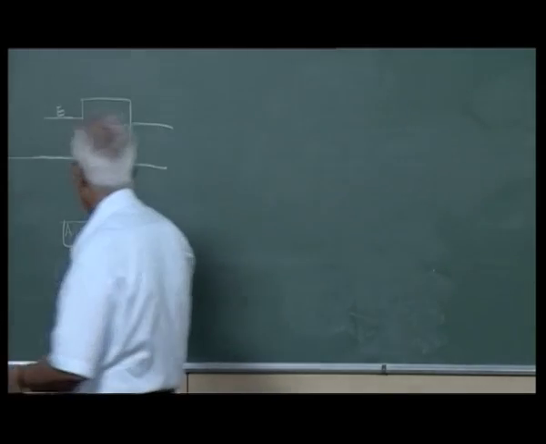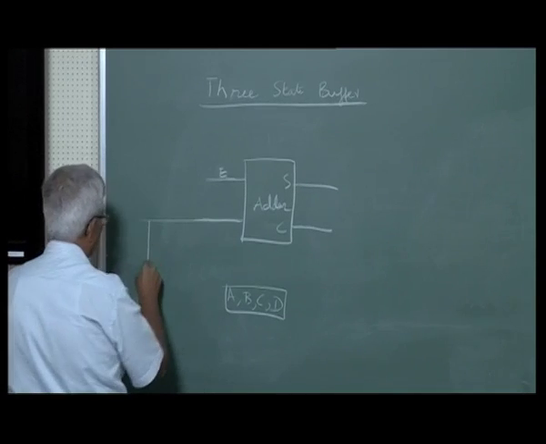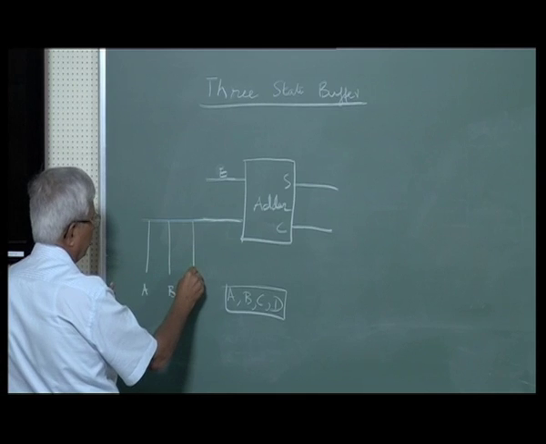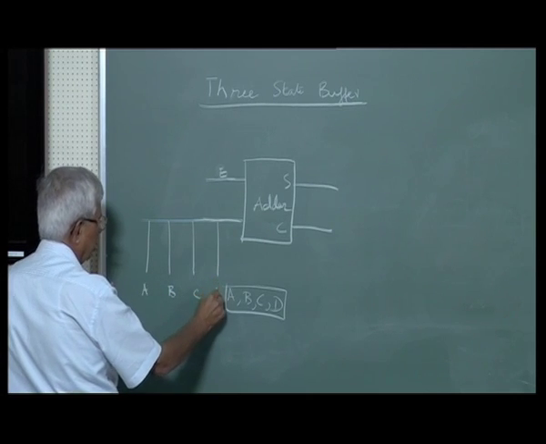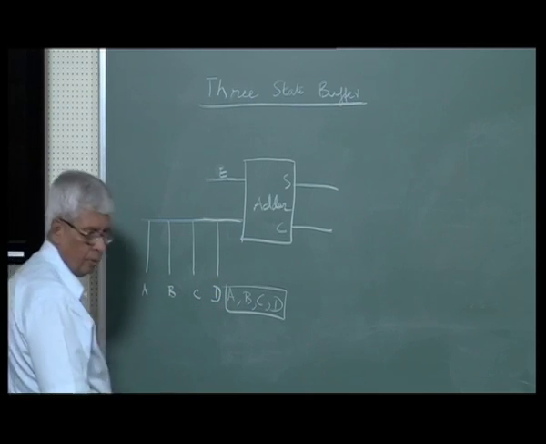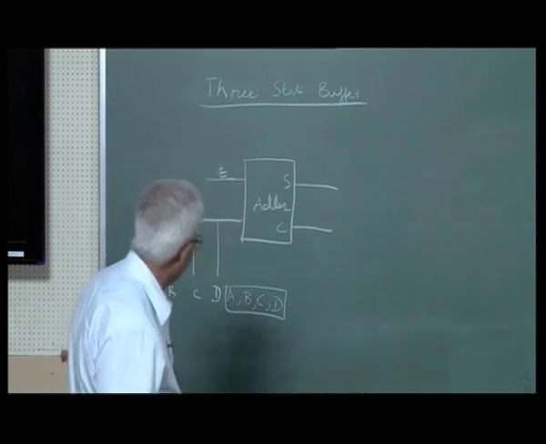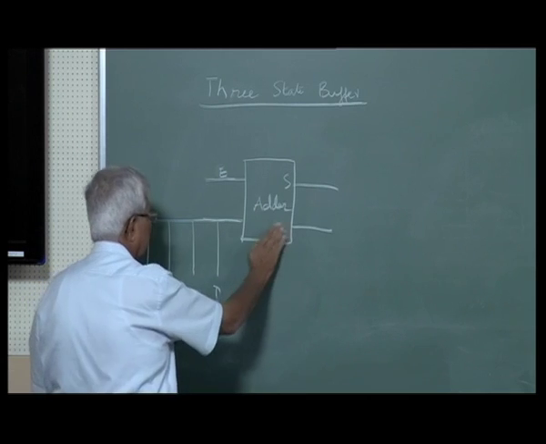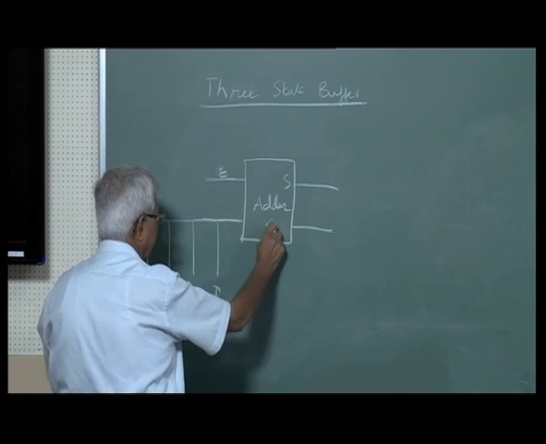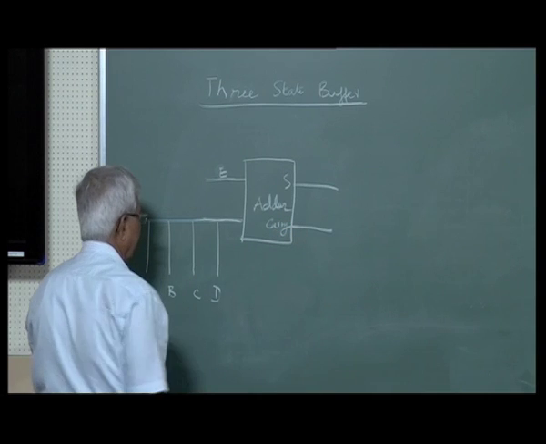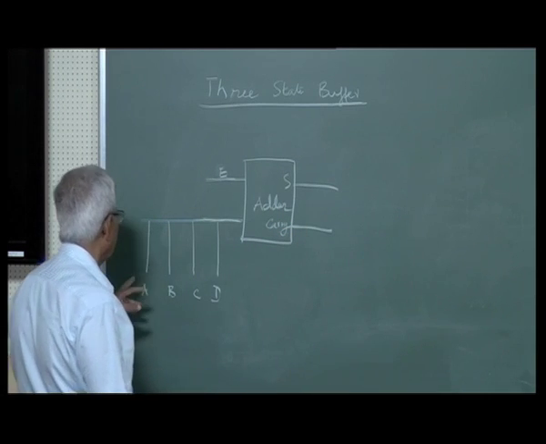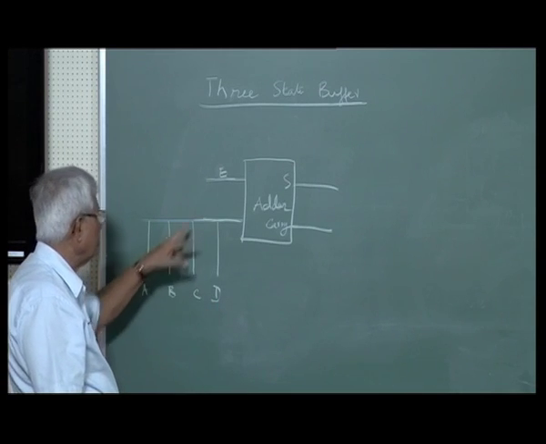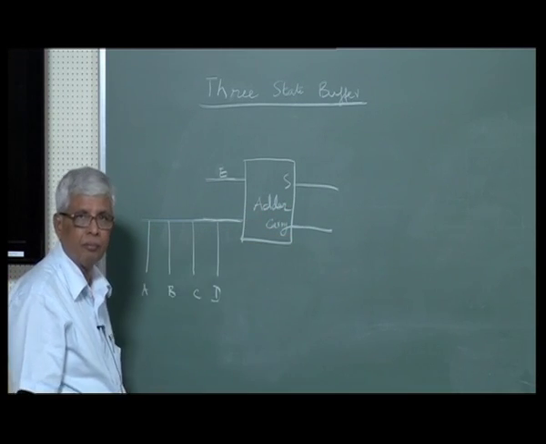So I am going to give all my numbers A, B, C and D into the second input of the adder. C here is for carry, do not get confused with this C, sum and carry. A, B, C, D are all present. I will use one of them to add with E and get the sum and carry.